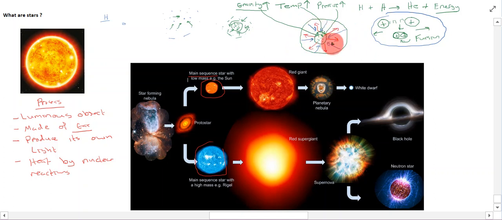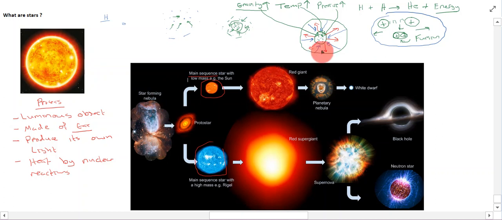So you get an equilibrium between gravity pulling everything in and the nuclear reaction pushing everything out. This levels off and you get a stable formation known as a main sequence star. Our sun is like this at the moment. This is the stage that it's in.